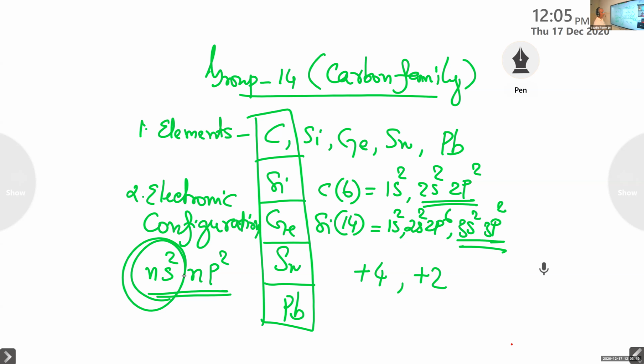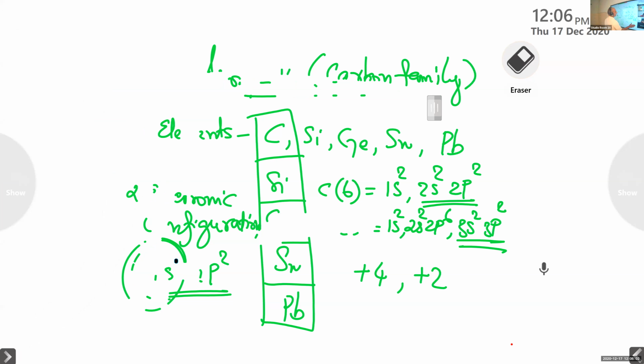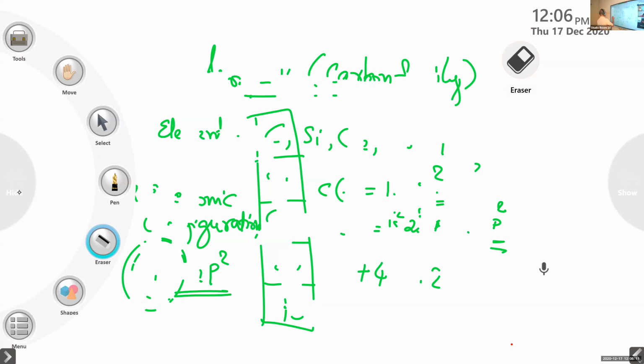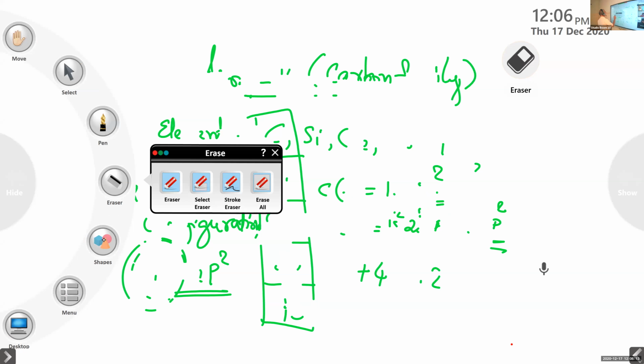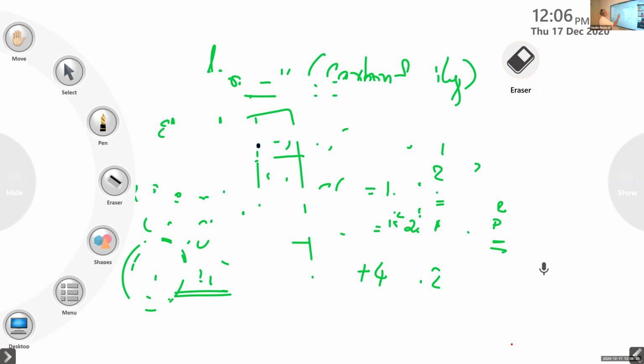Now you come to allotropy. You know what is meant by allotropy? You have studied allotropy a number of times, when we were dealing with organic chemistry. Do you remember? What is meant by allotropy? That is the existence of the same element in various forms.